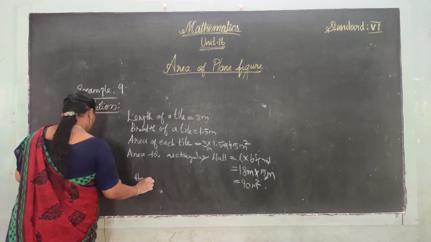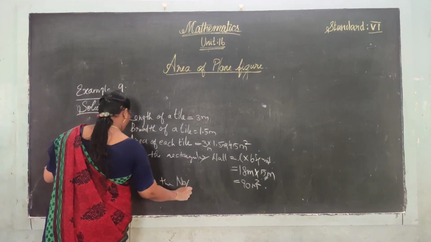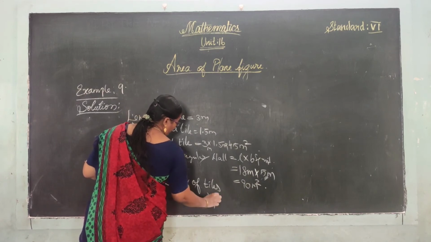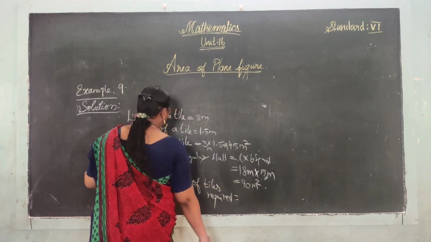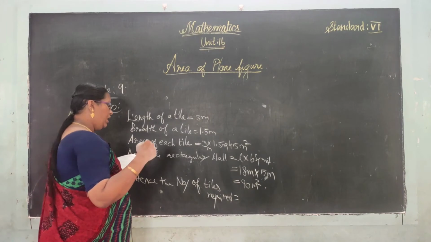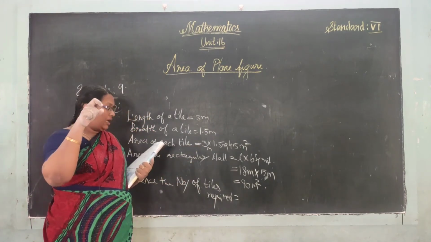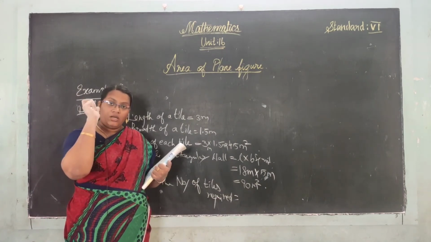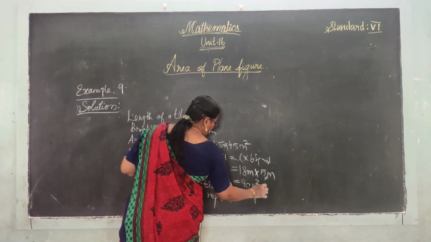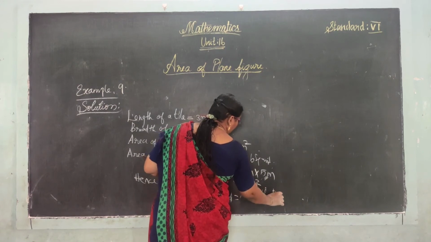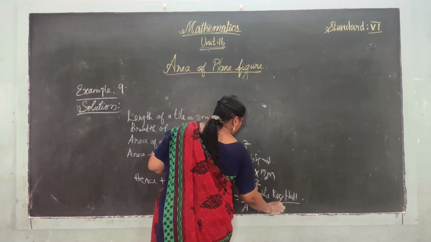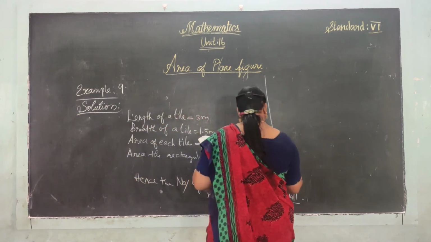Hence the number of tiles required. Where are we going to paste the tiles? On the hall. So when pasting on the hall, the number of tiles is the area of the hall divided by the area of the tile.